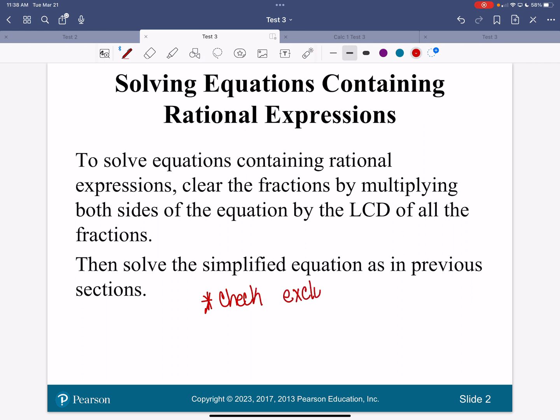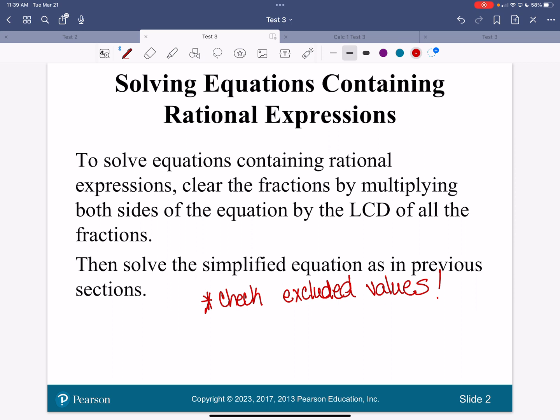When we're dealing with rational expressions, we have to have a value that does not make the denominator 0. So we've got to remember that I can't have 0 in a rational equation. Check excluded values. We have to be sure that we check excluded values.